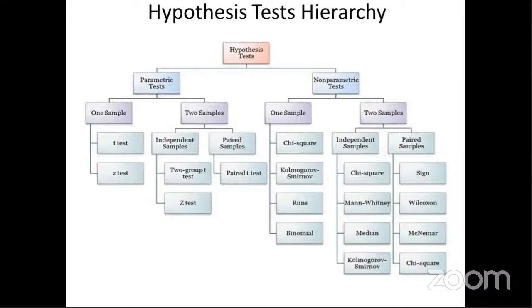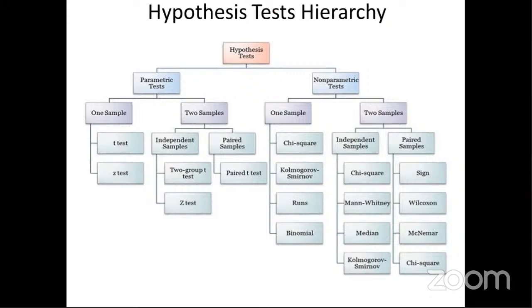So, well, you were my former students in biostatistics, and I have discussed all these things. I'm going to just add some more. So in this case, you talk about parametric tests. From this hierarchy, if you see one sample test only, you can use the Z and the T test.